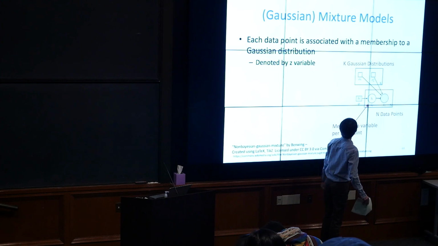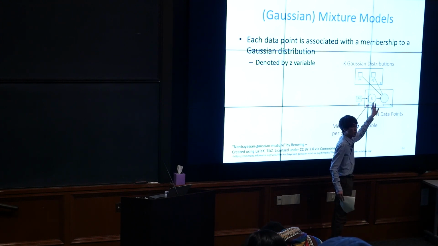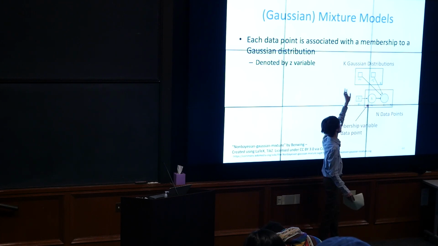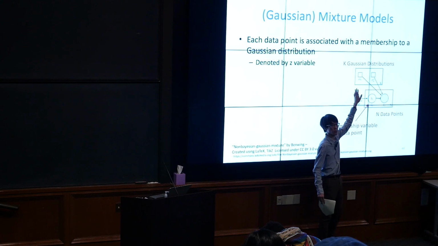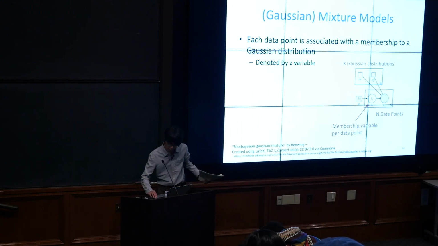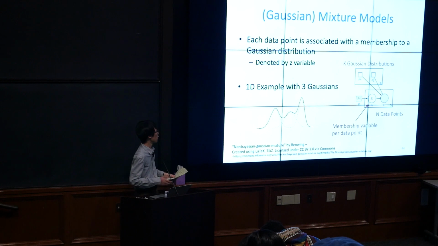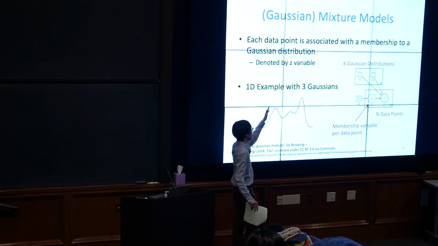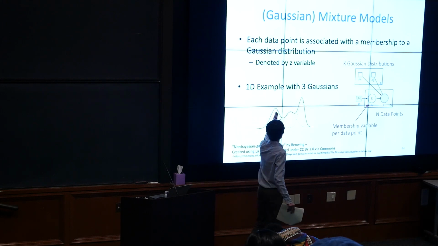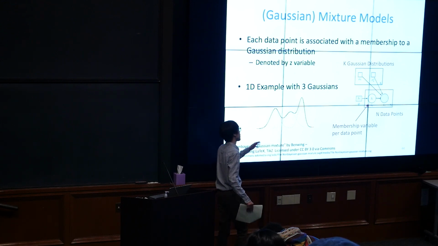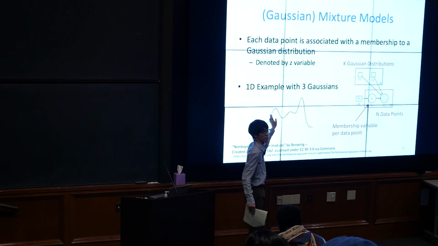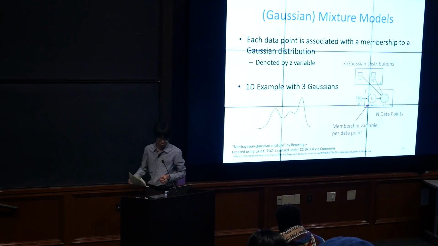So the parameters that we're learning are this membership variable, where we say which of these distributions this variable is a member of, and then also we're learning the best distributions possible as well, right? So in a one-dimensional example with 3 Gaussians, maybe your data is structured this way, and here's the mean, here's the standard deviation, so we have these 3 Gaussians defined, and then we have this membership variable saying which one of these 3 hills, these 3 distributions, your data point is a member of.